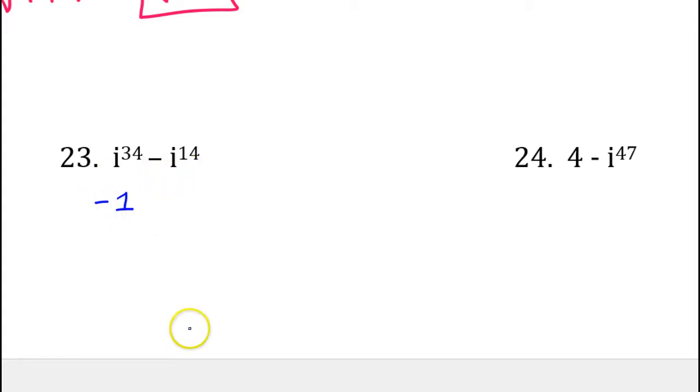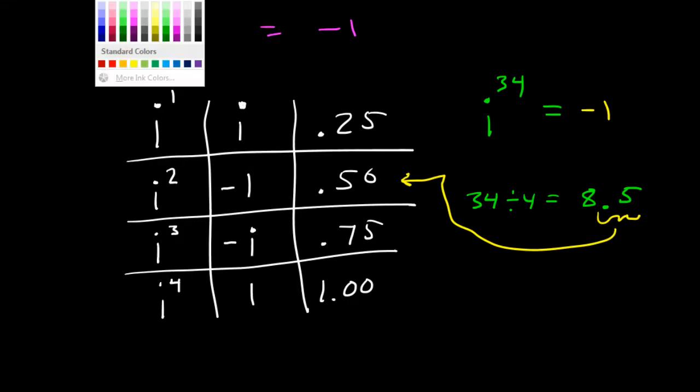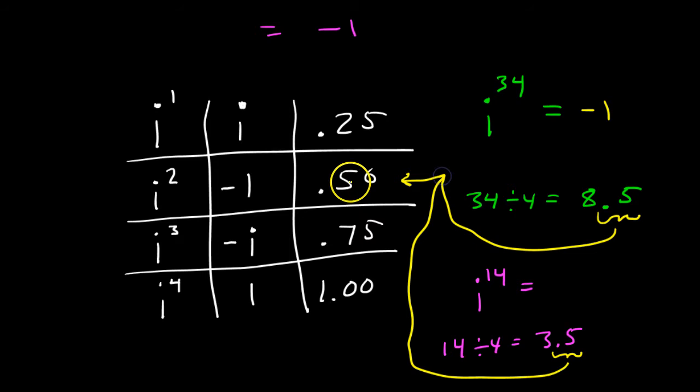What about i to the 14th power? So let's see, 14 divided by 4. That's 3.5. Again, the 0.5 tells us that we are in this row.